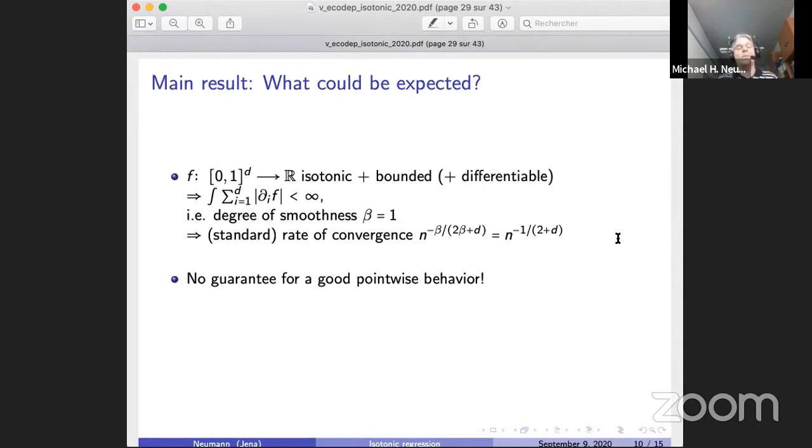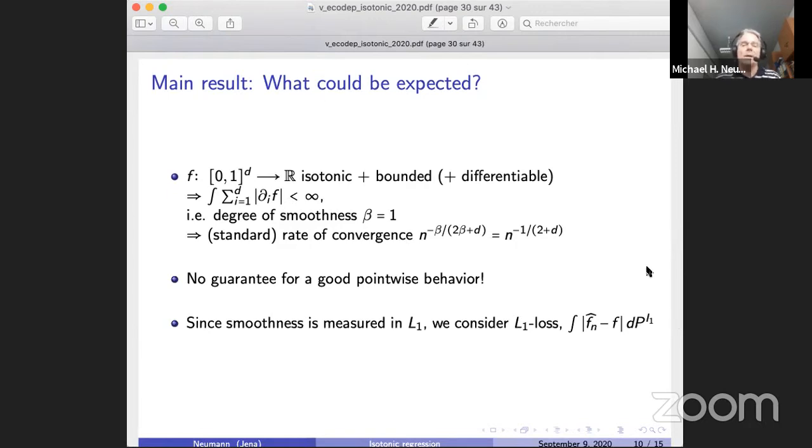Of course, we have a smoothness assumption only in an L1 sense. We don't have pointwise smoothness assumptions. Therefore, there's no guarantee for good pointwise behavior of any estimator here.